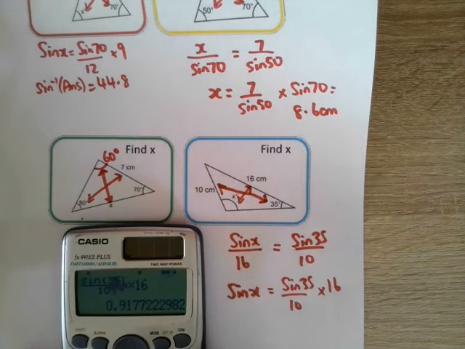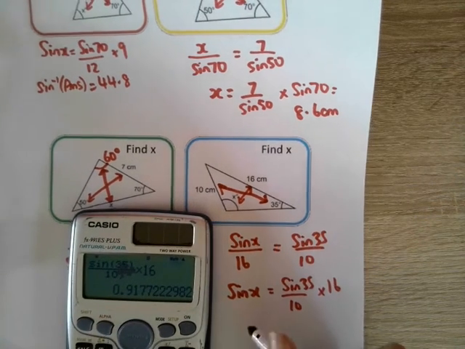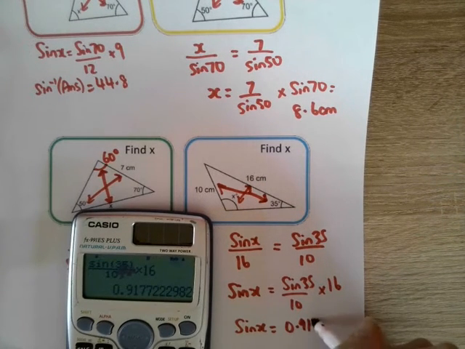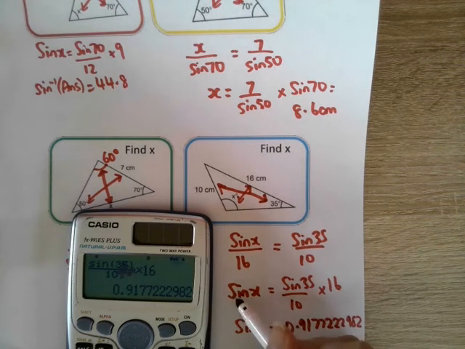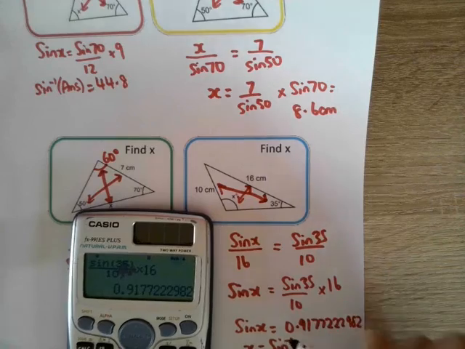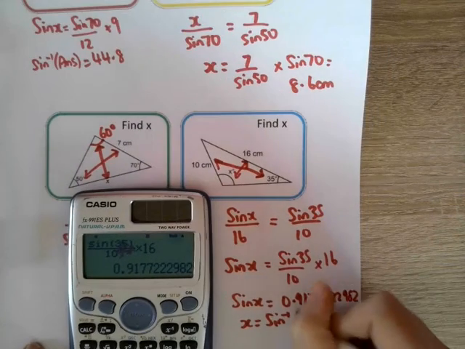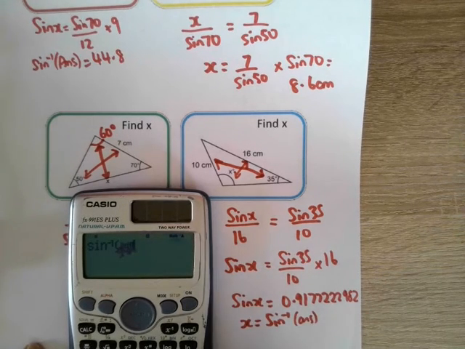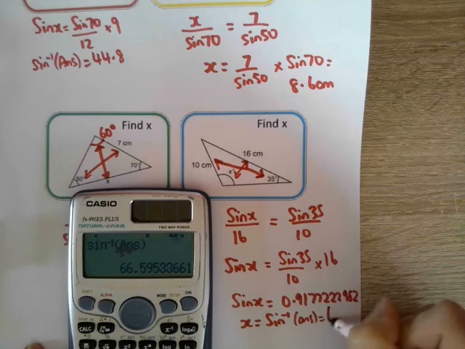Right, and again you get that really small decimal, so 0.91, which your angle is really unlikely to be that small, isn't it? So that should remind you that actually you found sine x, not x. So we need to do sine to the minus 1 of your answer, and then we get 66.6.